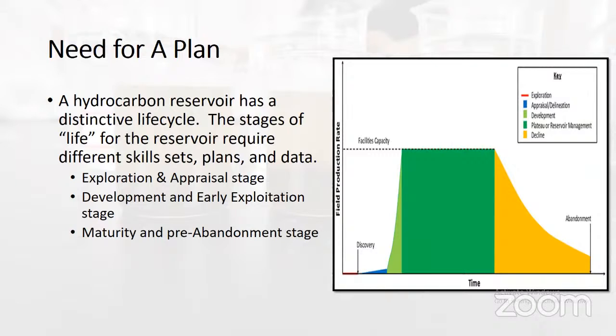So again, because we are investing a lot of money in the oil and gas field to produce from it, we need a plan that is optimized according to the amount of money that we will invest in that field. If you look at the production performance curve for any oil field, you will see that we have an initial period, which is the exploration phase.